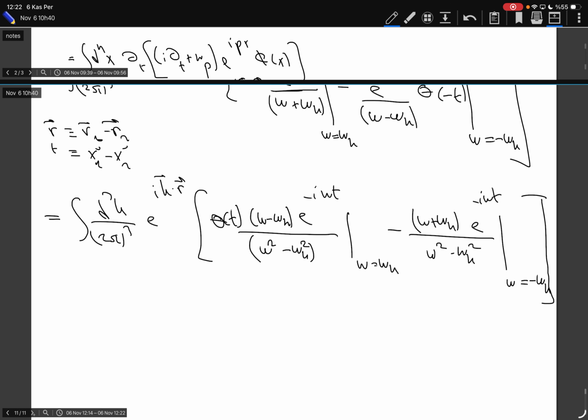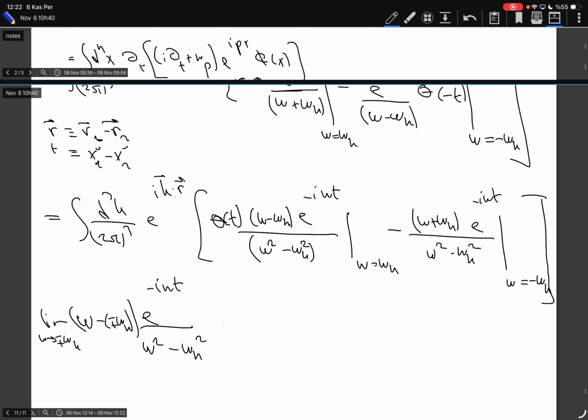So in both terms I have this term. I'm just multiplying it with omega minus or plus omega k, and then taking the limit as omega goes to plus or minus omega k.